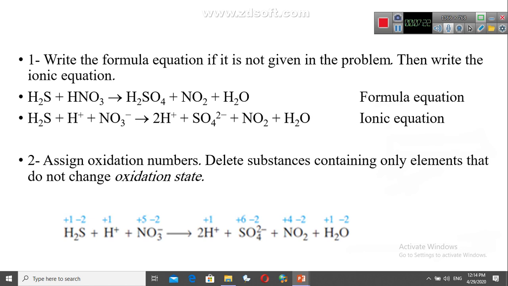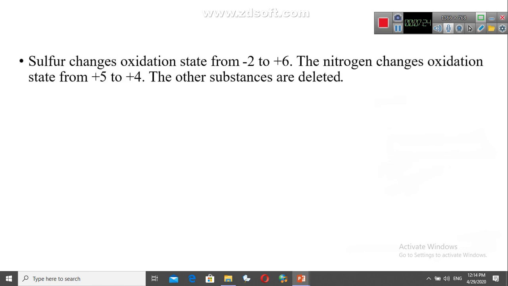Then, if you look at the sulfur, it changes oxidation state from negative 2 to positive 6. The nitrogen changes oxidation state from positive 5 to positive 4. The other substances are deleted because there is no change in oxidation state.